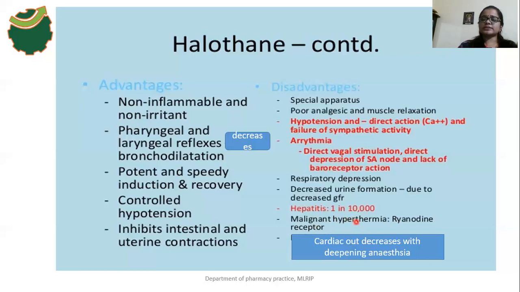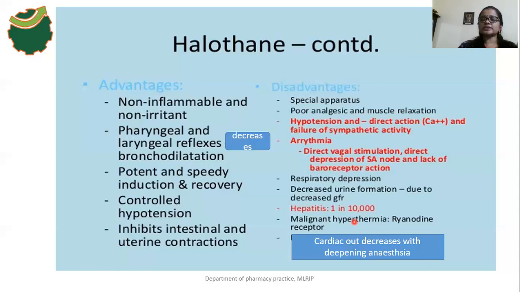So this malignant hyperthermia mainly occurs in persons who have abnormalities of ryanodine receptors, especially genetically, where any mutation occurs in the gene that regulates the actions of the ryanodine receptors.